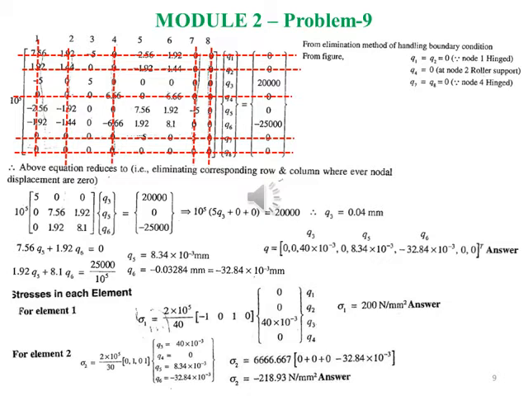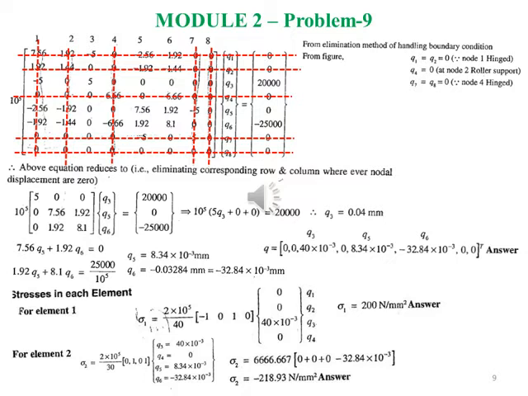Q4 is also equal to 0 at node 2 because it is a roller support. Q8 is also 0 because node 4 is also hinged. So Q1, Q2, Q7, Q8 are 0.